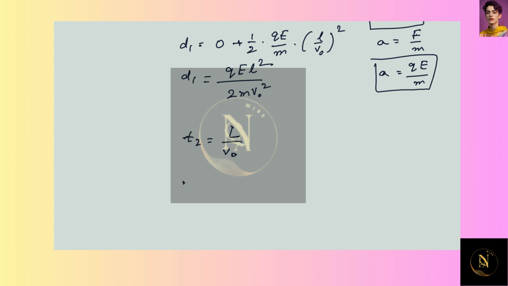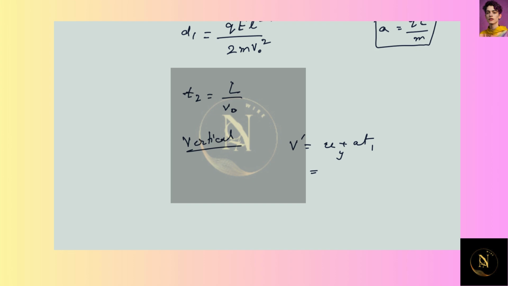So you have to find the vertical velocity v dash, which is equal to uy plus at, with t1 the initial time, so qE by m times L by v naught is the time.